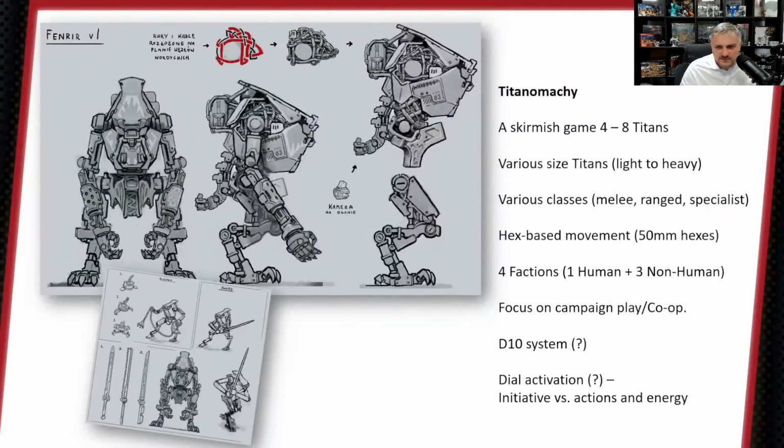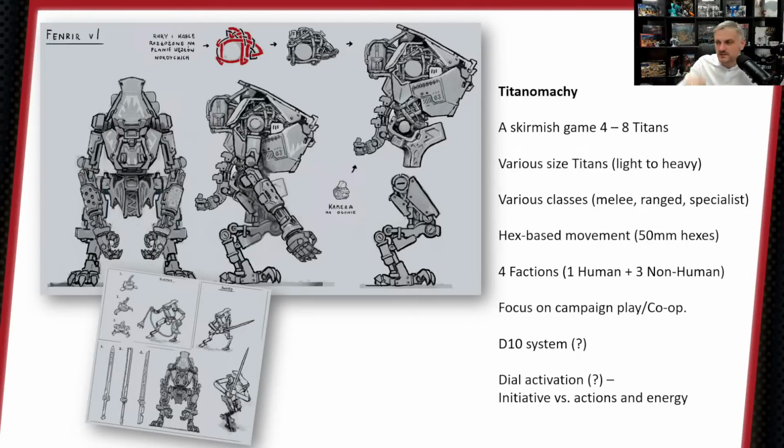Titanomachy is something I mentioned to you that I'm going to be sharing. For those of you who really love sci-fi, I have more concepts to show you, but that's the Titanomachy. We plan it to be a skirmish game for 4 to 8 Titans of various sizes, from light to heavy. When I say light, it's going to be around 80 millimeter, about 2 to 2.5 inch, up to maybe 3 to 4 inch Titans.